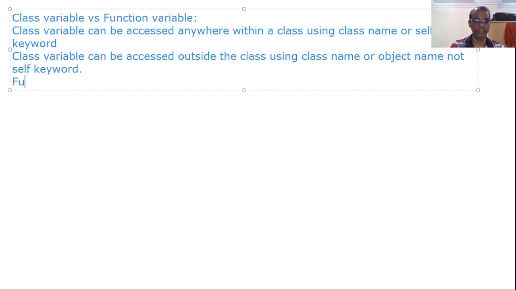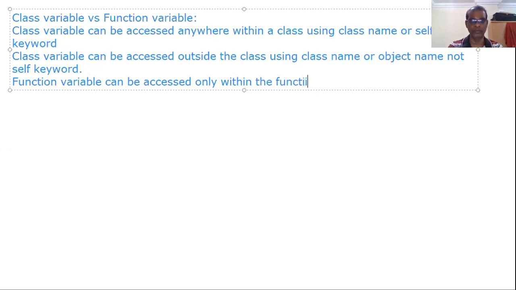Whereas a function variable can be accessed only within the function in which it is declared or defined.